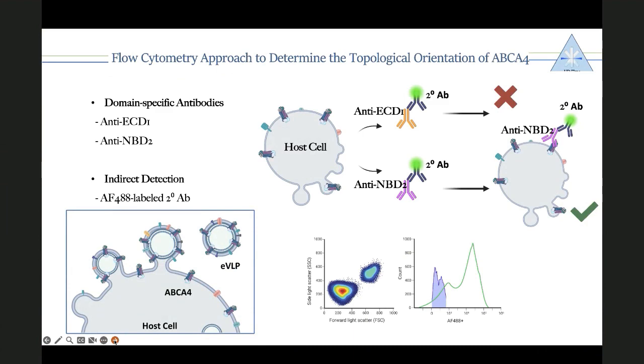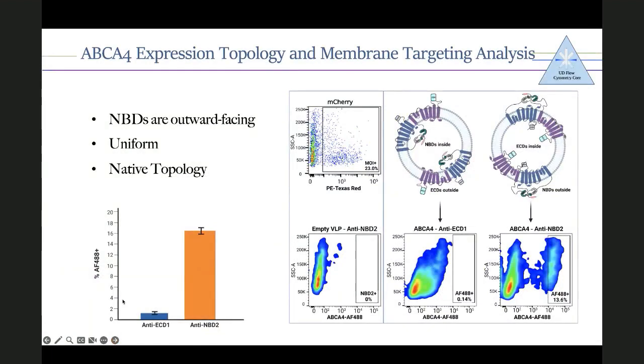If we can go to this other slide, I want to show our results very quickly. Our results revealed that only MBD2-stained cells were detected under the FITC channel, indicating the presence of ABCA4 in its native topology.